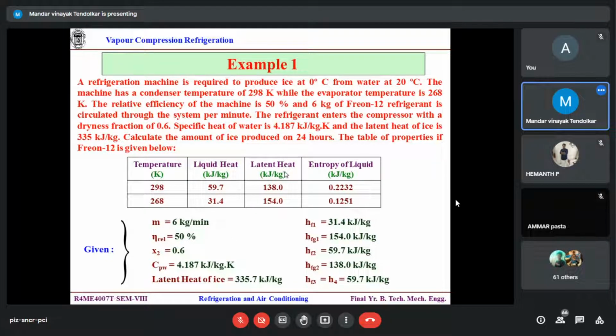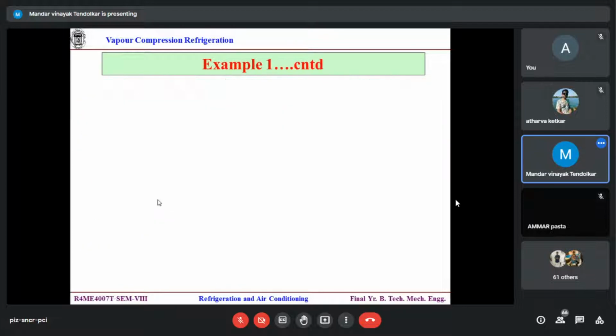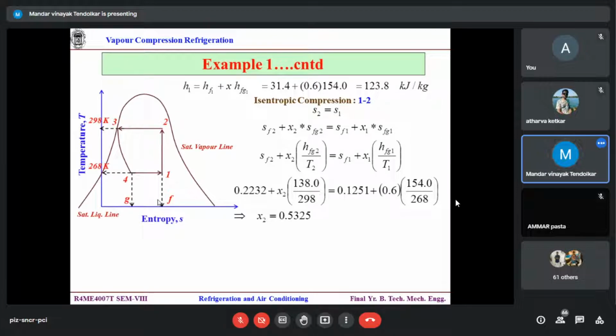Then this is my HFG for the two states and the temperatures. So everything is known to me. Cross check this calculation. Yes, it is correct.